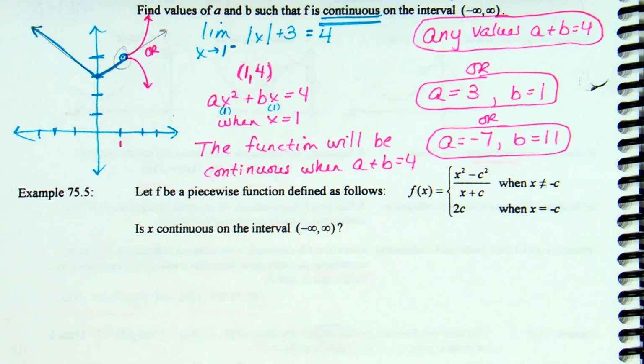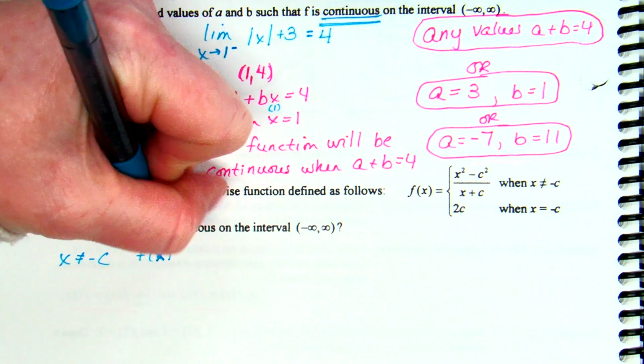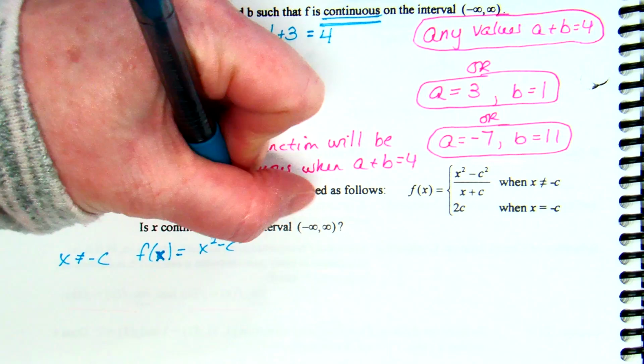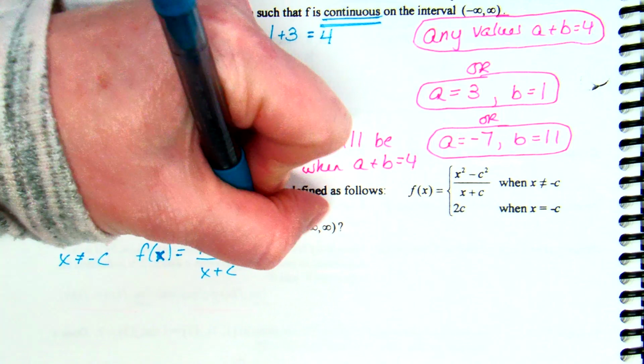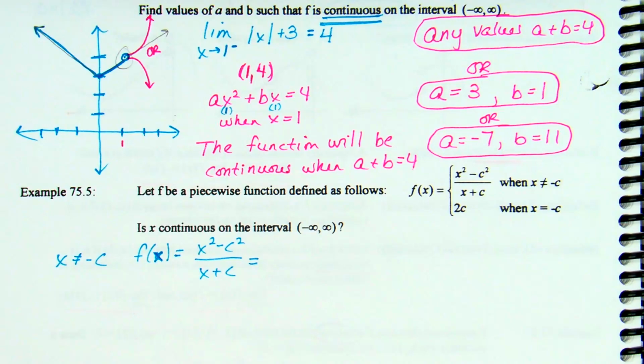Let's look at the top piece there. You guys see where I'm going with this. If we look at this piece, the point where x cannot equal negative c, which is pretty much the entire graph, right? Except for one little point.